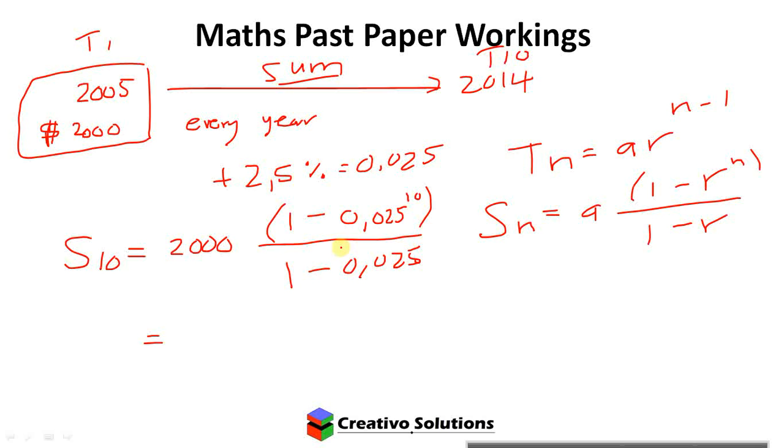Still syntax error. Why? It's to the power 10, not to the power 2. Still error. 1 minus. Oh, maybe there's too many brackets. Delete. There we go. Okay, so decimal.